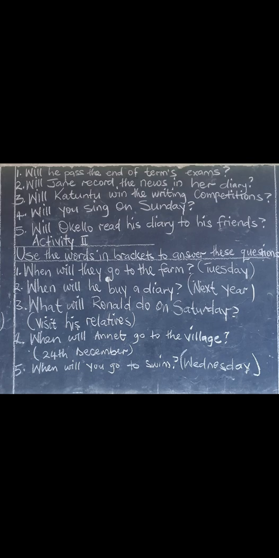In bracket, we have Tuesday. So you answer and say, they will go to the farm, dash dash dash. Number 2, when will he buy a diary? Our word to use in brackets is next year.